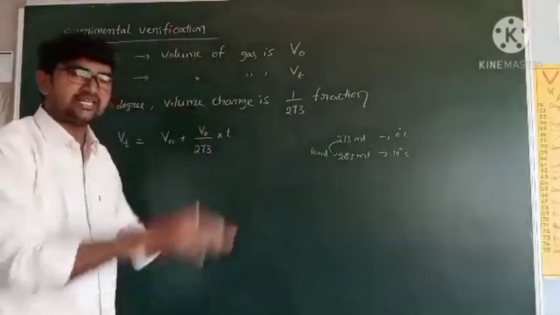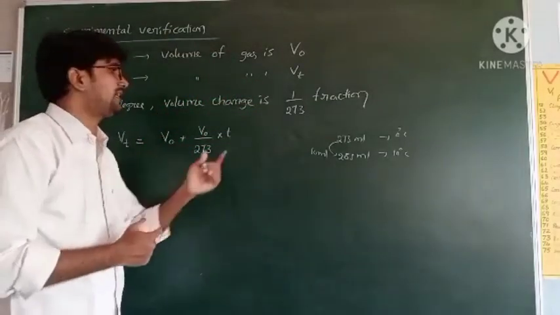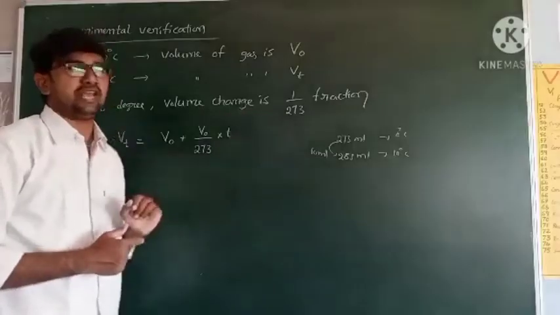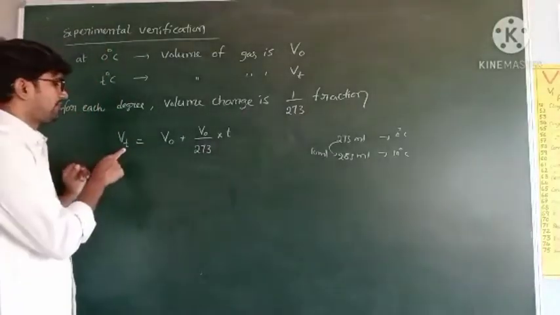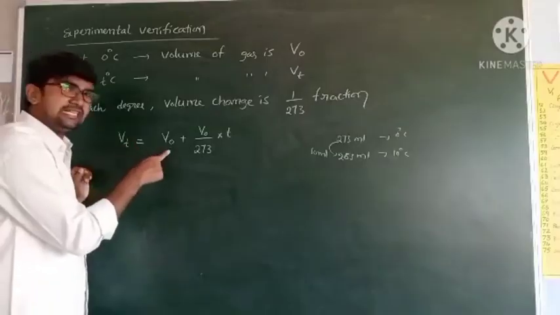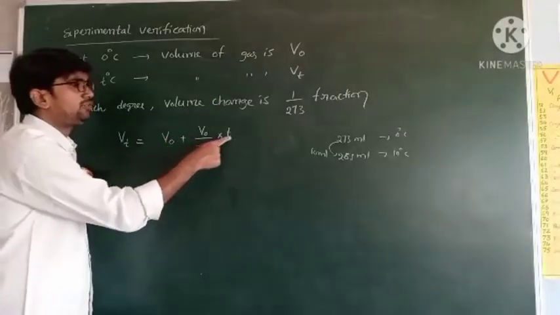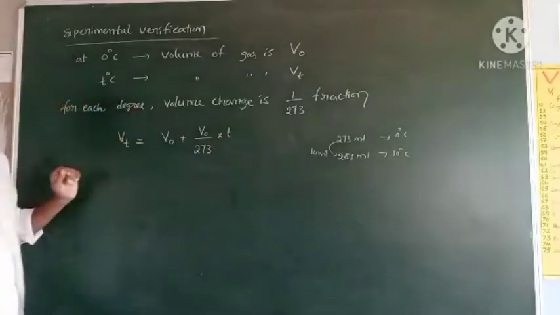If temperature decreases, volume also decreases. So the part volume changed is 1 by 273 fraction. So the simple formula: Vt, at T degree centigrade, is initial plus initial by 273 fraction into how much temperature is changed, that is T.